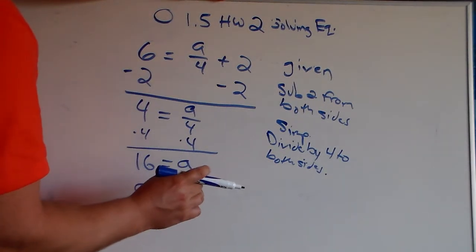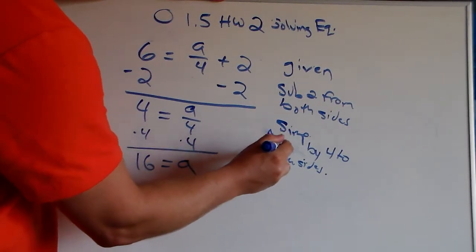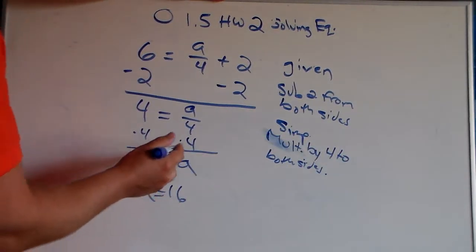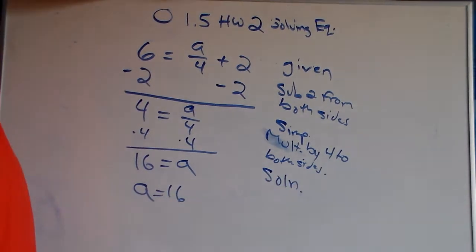Oh, sorry, we didn't divide, we multiplied. Multiply by 4 to both sides. And then we have our solution, which is a equals 16. Which, on this worksheet, a equals 16 is the answer.